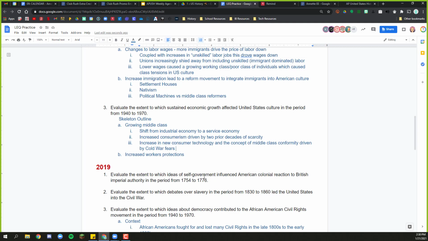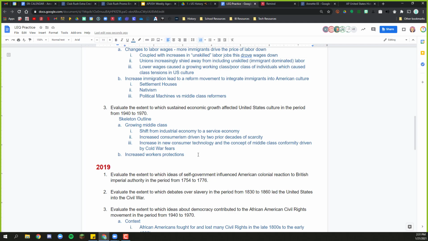All of a sudden in the late 1940s and into the 1950s, people were like, I'm gonna buy the things. That is coupled by new technology like microwaves, vacuums and floor buffers that become available. A lot of that is fostered by conformity and this desire to fit in with American economic values driven by the Cold War. So this sustained economic growth allowed for that consumerist conformity to happen. That's one of the things I would talk about.